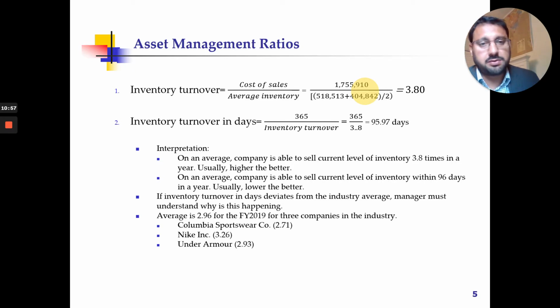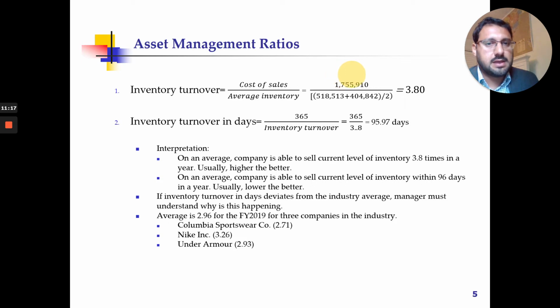I took the average of the beginning and ending inventory at the end of Lululemon's fiscal year, divided by 2, and this is how I got the average inventory, and I'm dividing the cost of sales.